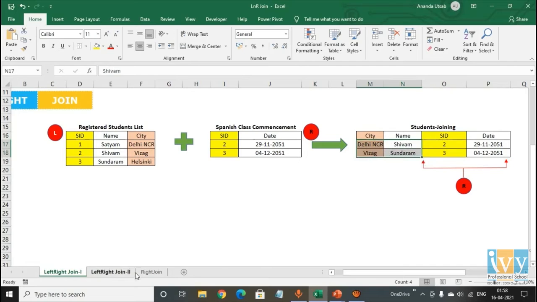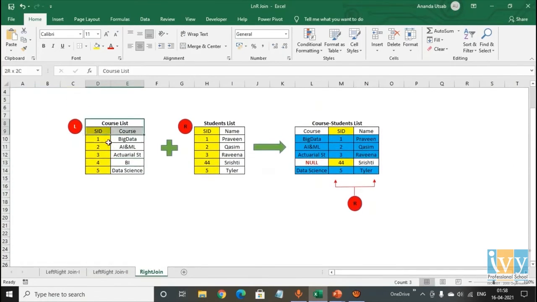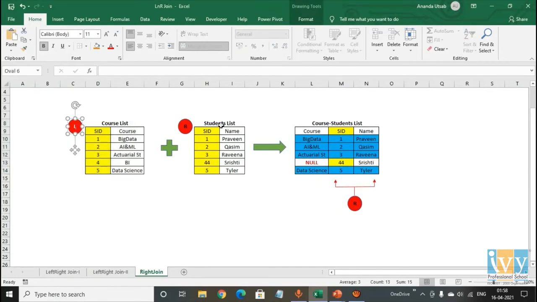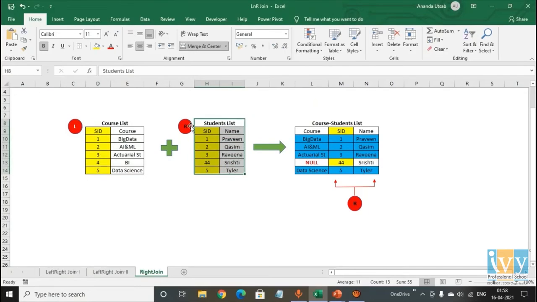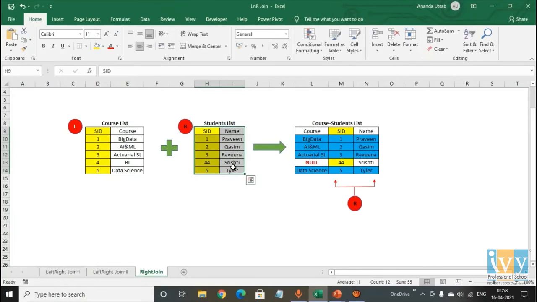Alright, one more example. I have a course list denoted as the left table, a students list denoted as the right table, and I want a list in which all the students are mentioned along with their respective courses. So all the students are mentioned in the right table, so I would be using right join. But I can see a null over there. Why?